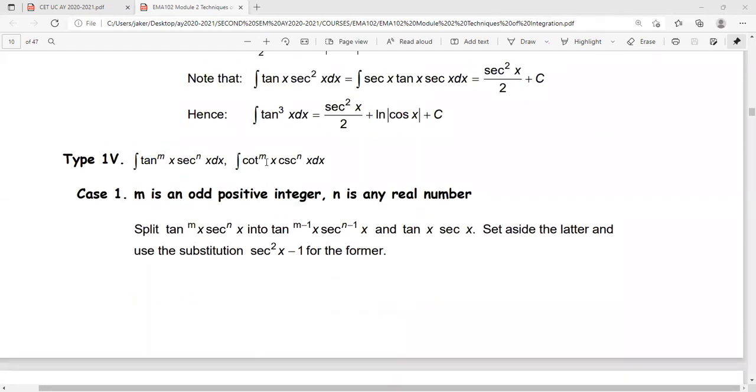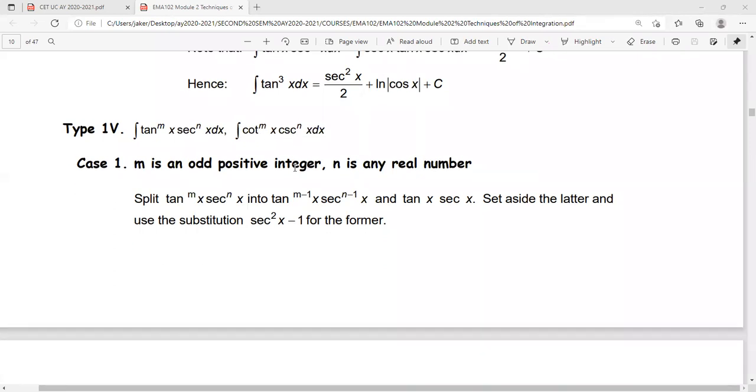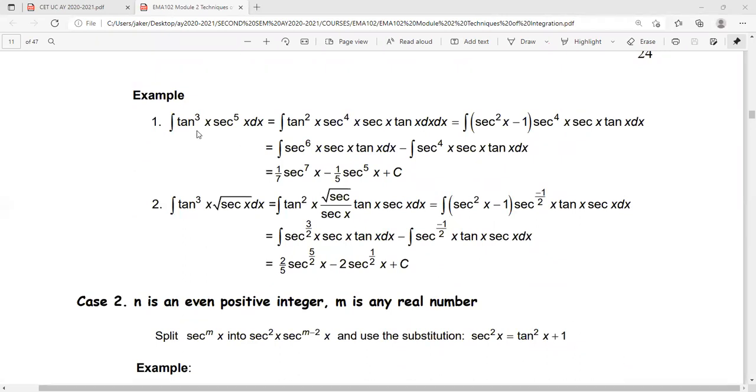So the tangent and the cotangent is raised to m. The secant and the cosecant is raised to n. So just take one from each. In here, however, the examples are all tangent secant combination. So you take one from each. You took one, and that particular second tangent which you took is already here.